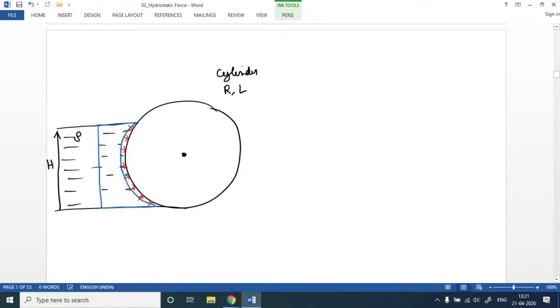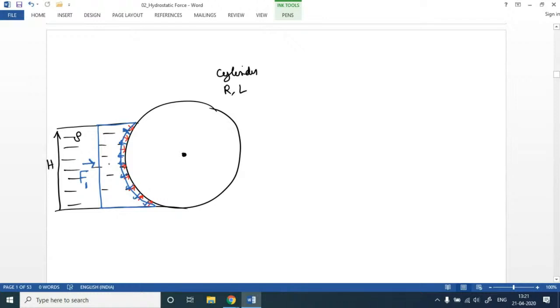So now consider the horizontal equilibrium of this section of liquid. You must understand there must be some horizontal force exerted by the remaining liquid here. So that is going to be, let's say, F1. And see, since using the red arrow I have shown the force exerted by the liquid on the cylinder, equal and opposite forces would be exerted by the cylinder on the liquid.